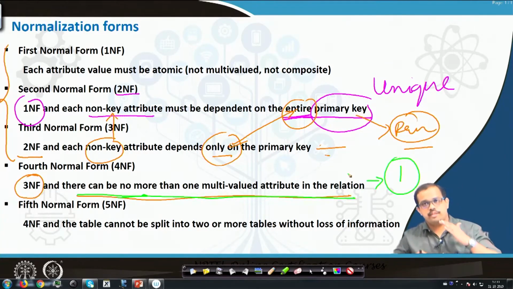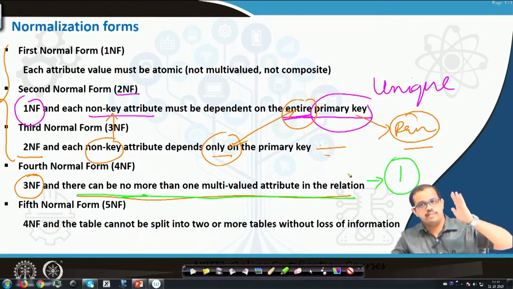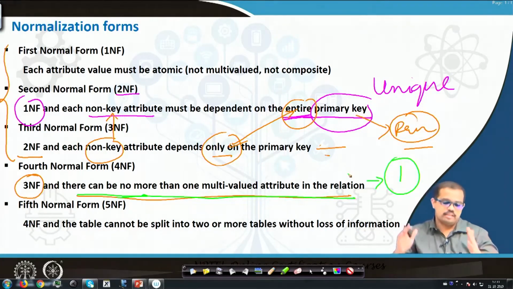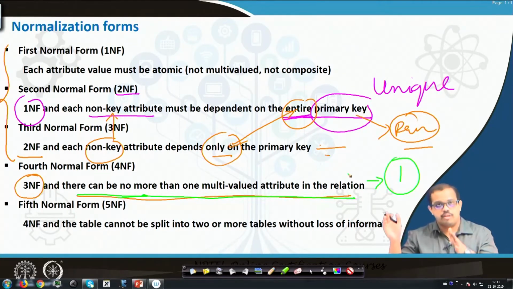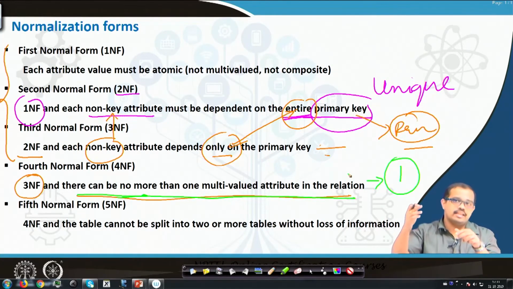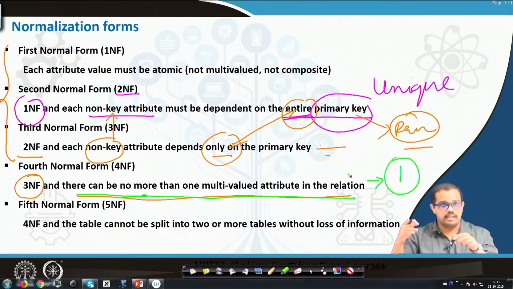So, now we are at the stage where first we cut down that you cannot have multi-valued attributes, and you should always have an atomic form. Once you have attained the atomic form, that is, it is not multi-valued, then in the second normal form we use first normal form and a non-key attribute entirely dependent on the primary key.